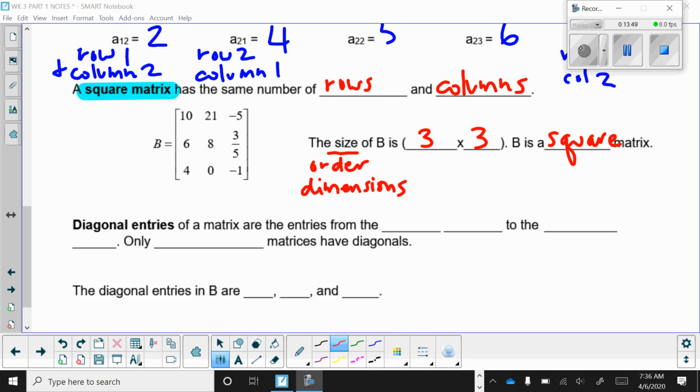All right, one useful concept when solving matrices is talking about the diagonal of a matrix, which is this piece right here. And the reason why that's a useful concept is this.